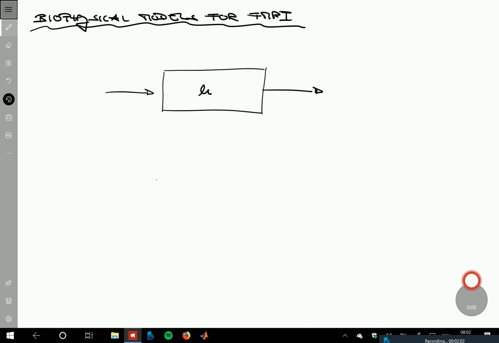It took as inputs some experimental manipulations, which we called U, which are these onset functions that you're somewhat familiar with from the GLM for fMRI. And it took parameters theta f and theta g.